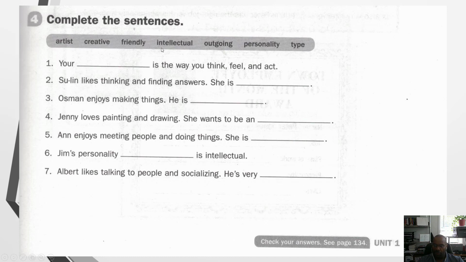Next word is intellectual. Next word is outgoing. Then we have personality. And the last word is type.